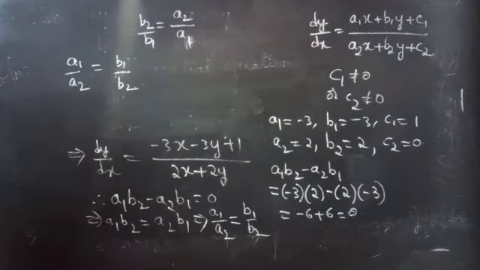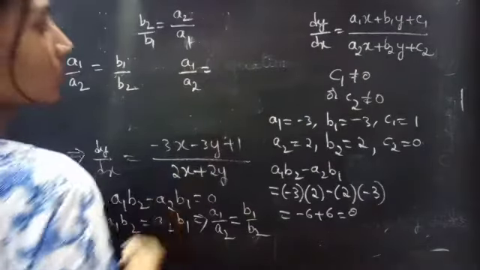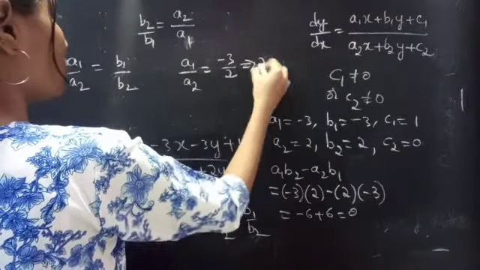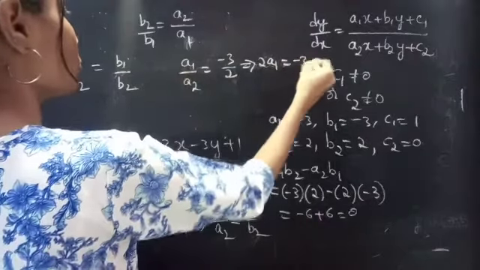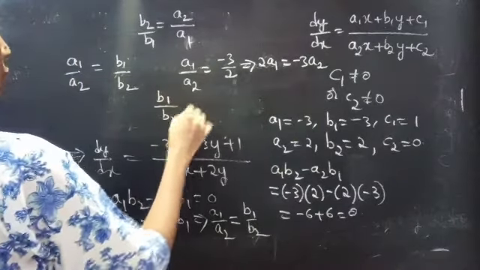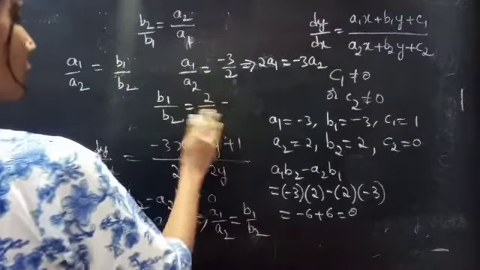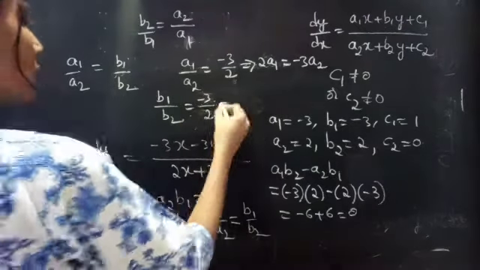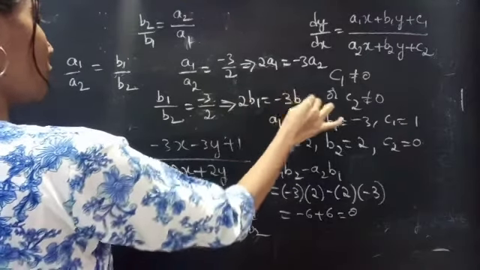So now let's check what we'll get for a1 by a2 and b1 by b2. Since we got a1 by a2 equals b1 by b2, a1 by a2 equals minus 3 by 2. Then from this we'll get 2 times a1 equals minus 3 into a2. Likewise, b1 by b2, with b1 equals minus 3 and b2 equals 2, we'll get 2b1 equals minus 3 b2.